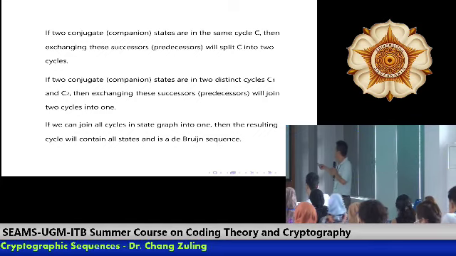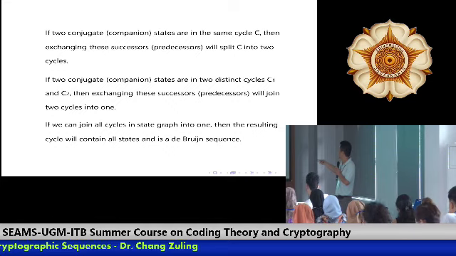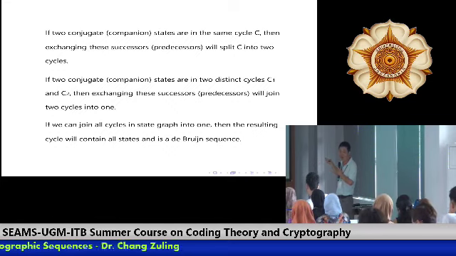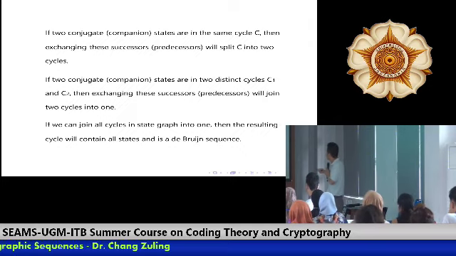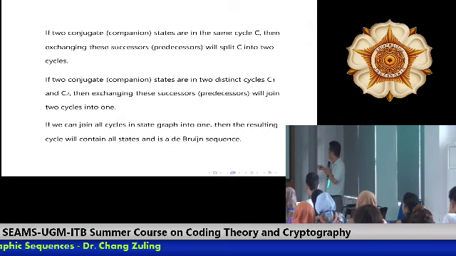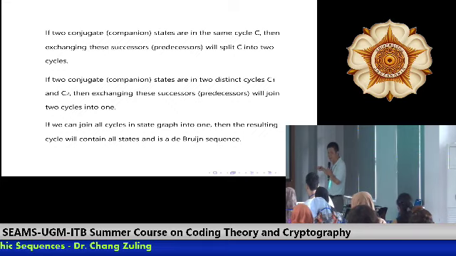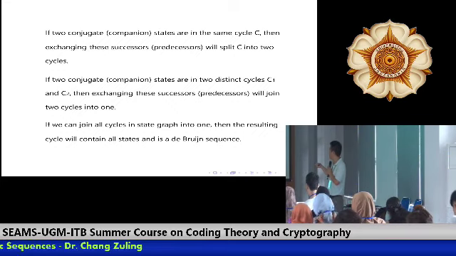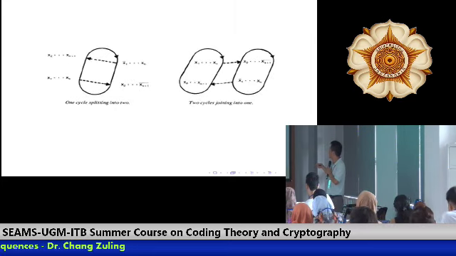If these are conjugate states in the same cycle, usually x1 to xn, its successor will be x2 to xn plus 1. The conjugate state, its successor will be this one.